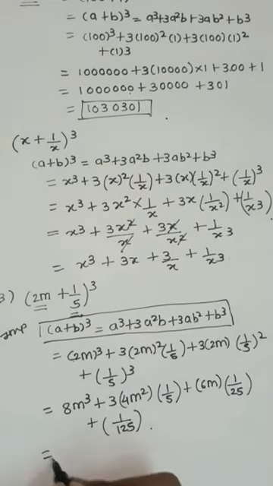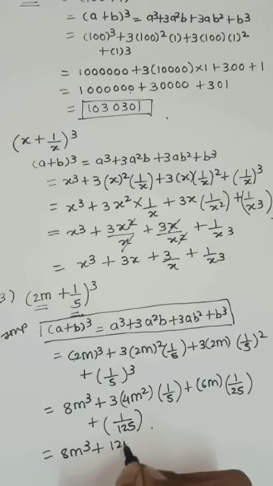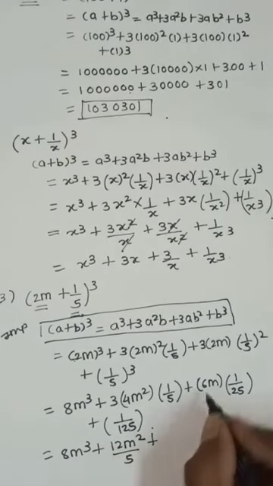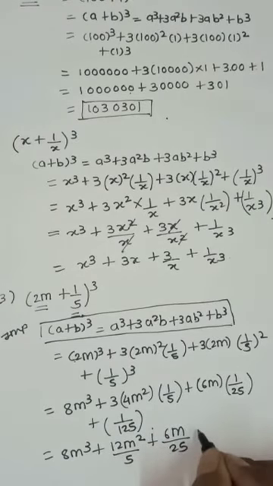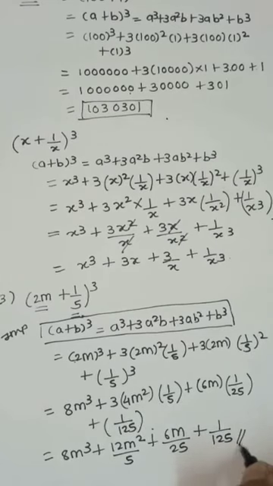Now friends, 8m cube as it is, 4 into 3 is 12m square by 5, plus 6m into 1 as it is 6m by 25, plus 1 upon 125. This is our final answer.